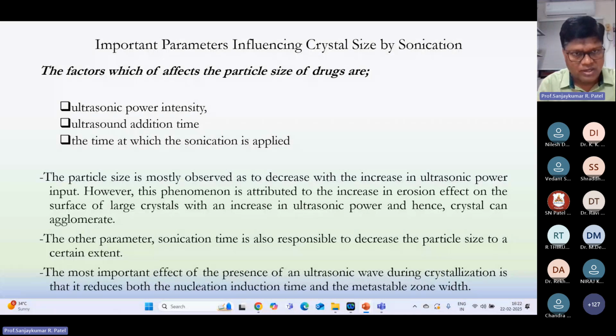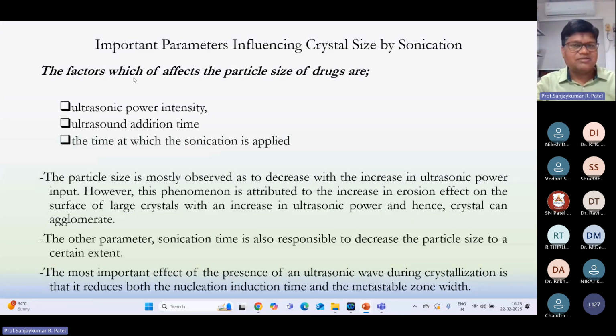Then what are the ultrasonic parameters that you can control? One parameter that you can tailor is the power intensity, or you can control the ultrasound addition time, and also the time of ultrasound, meaning at what time a particular sonication is applied.